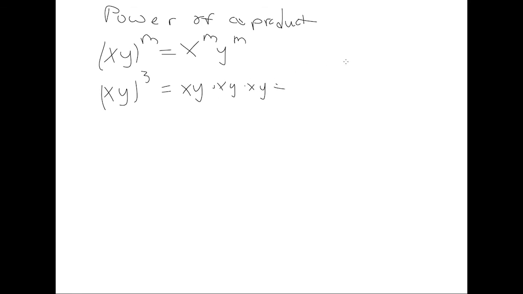Now, that's basically saying x times x times x times y times y times y, which is equal to x cubed times y cubed, all right? So that's why it works, because each variable is going to be put to that power, and then they're going to be multiplied by each other. So x is going to be put to the third power, y is going to be put to the third power, and they're multiplied together. That's why it looks like this. It's x to the m, y to the m.